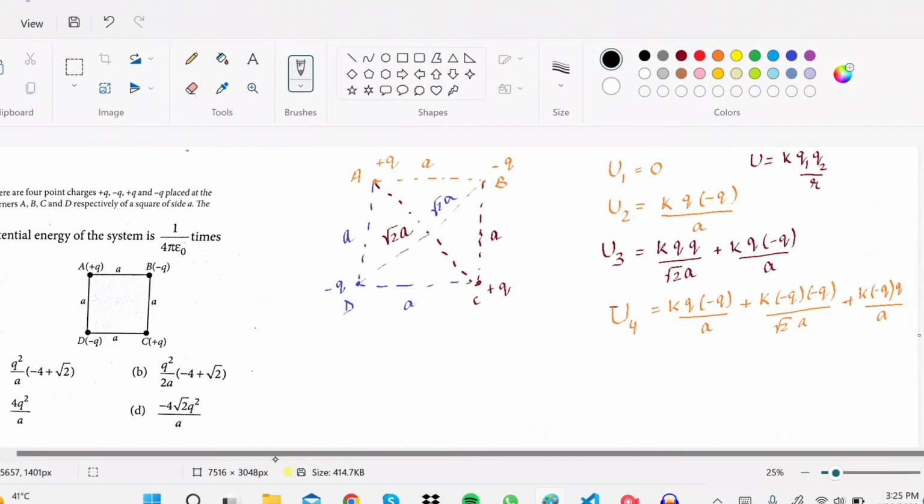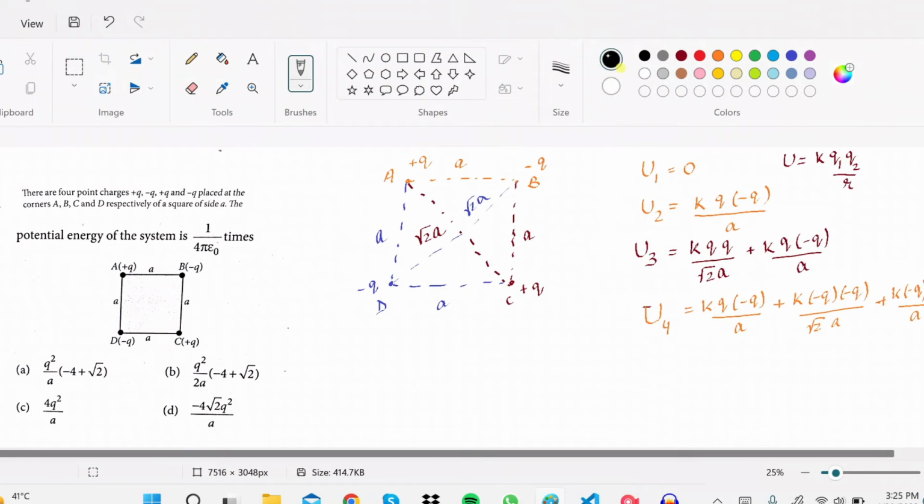Now let's add all of them to get the total potential energy. The total potential energy is U equals U1 plus U2 plus U3 plus U4. U1 is 0. Let's write directly U2, minus KQ square by a.